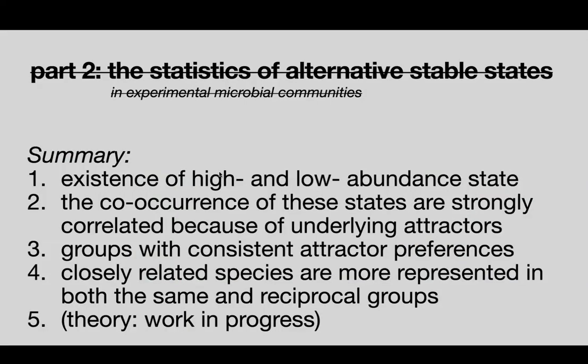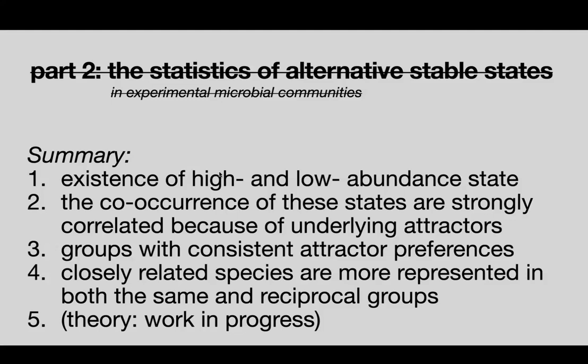So, a summary of this second part, and then I'll conclude. In these highly replicated experimental communities, there are high and low abundance states, and these states have a signal of the underlying presence of alternative attractors.